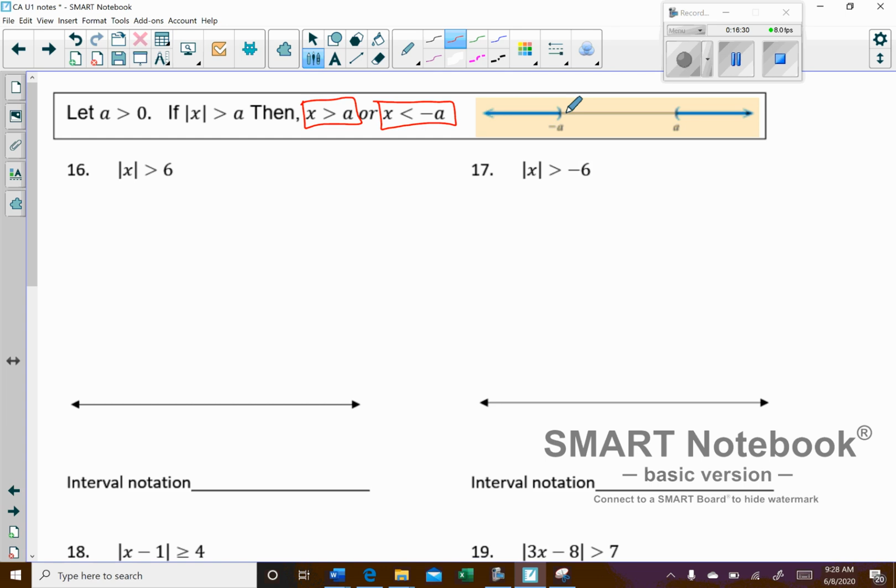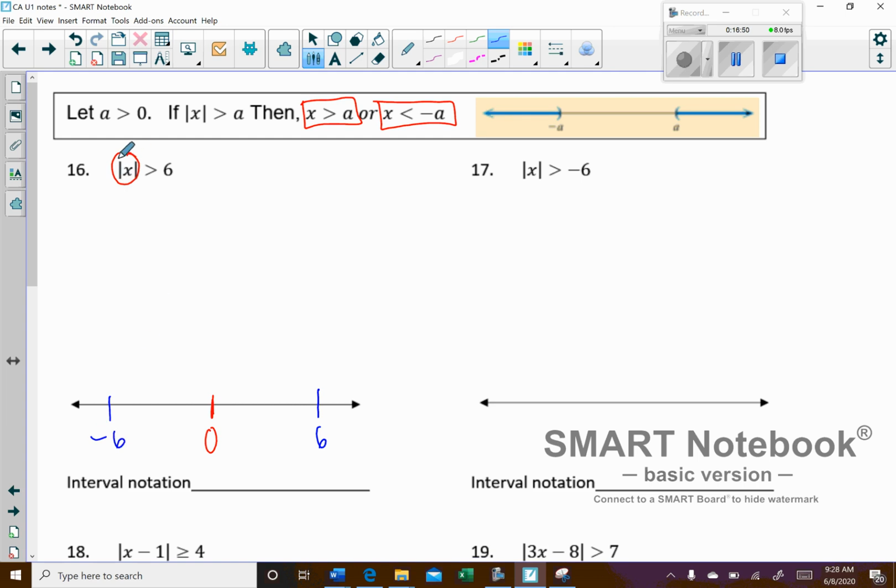Once again, it'll be a little bit easier once we look at an example and see this in action. What we're saying here is we want all the numbers whose distance is more than 6 units from 0. Let's look at the number line right here. Here's 0, here is 6, here is -6.